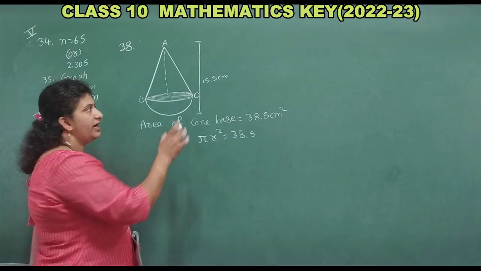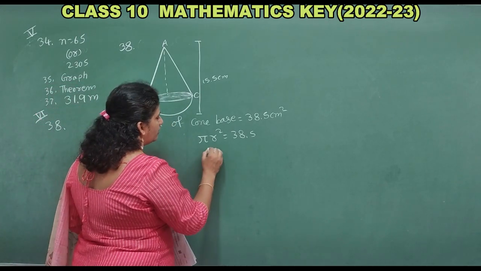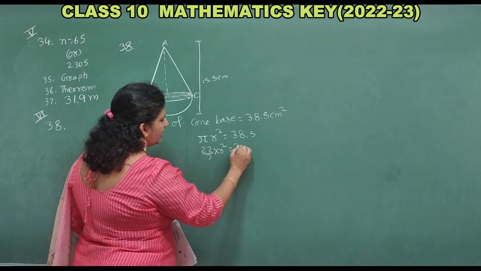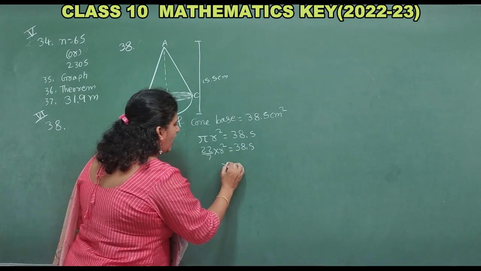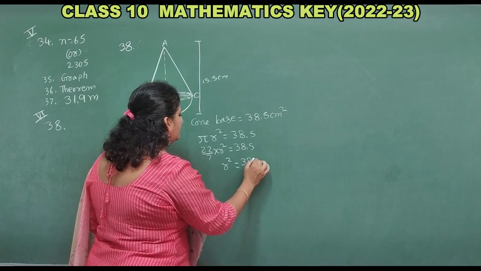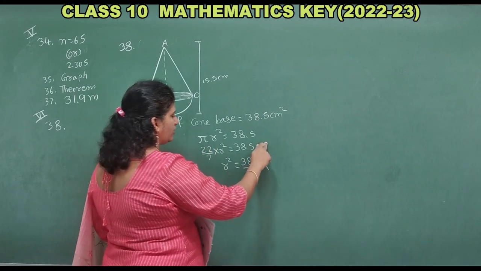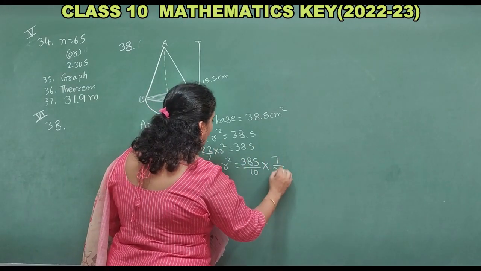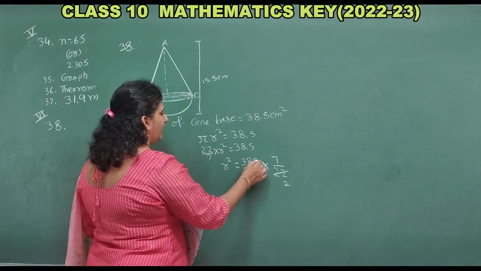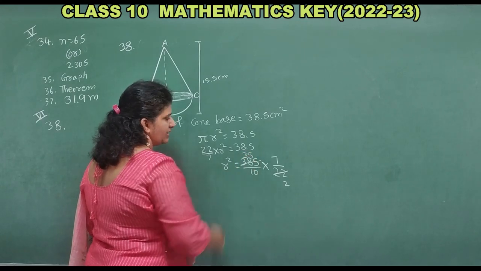Using this, find the radius of the cone or the hemisphere. Both are the same radius. Now, pi value is 22 by 7 into r square, that is 38.5. Now, r square is equal to 38.5, which can be written as 385 by 10 into 22 by 7. Send the other side, 7 by 22. Now this is 11 2s, 11 3s, 33, 5 left 55, 11 5s.